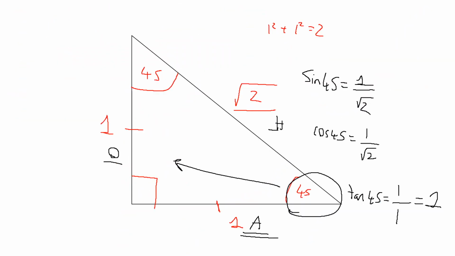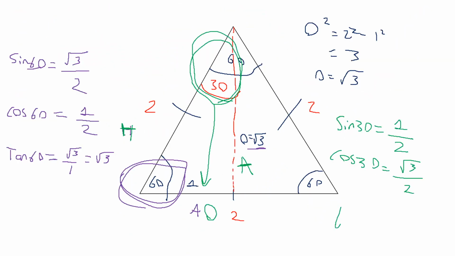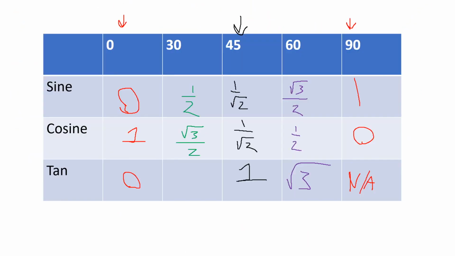And finally, our tan 30 is equal to our opposite over adjacent, which is just 1 over root 3. And that's the table that you need to learn when you have trigonometric questions and you're not allowed to use a calculator. Okay?